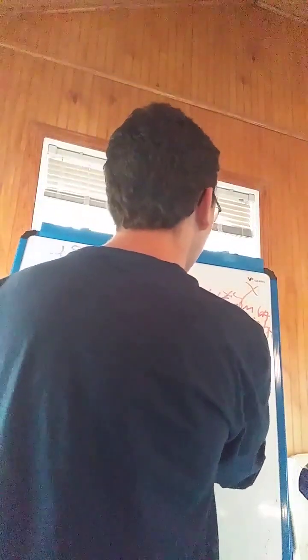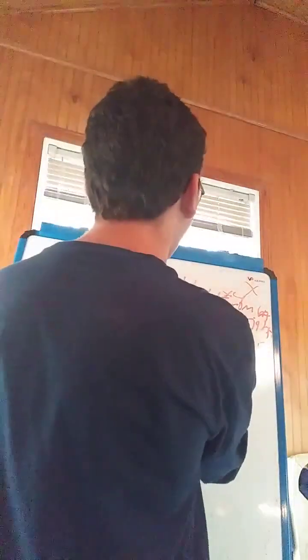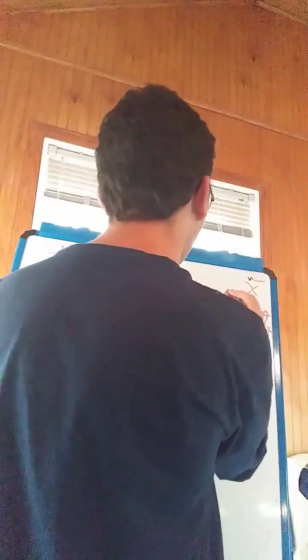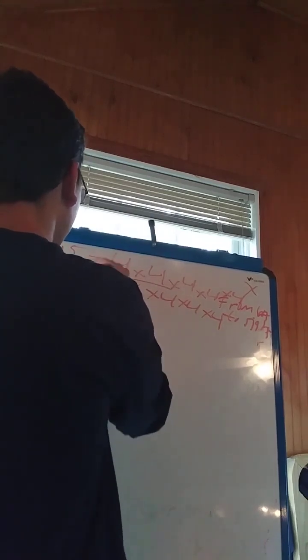We already have 2 4s left, and then 4. So 16 times 4 is 64.